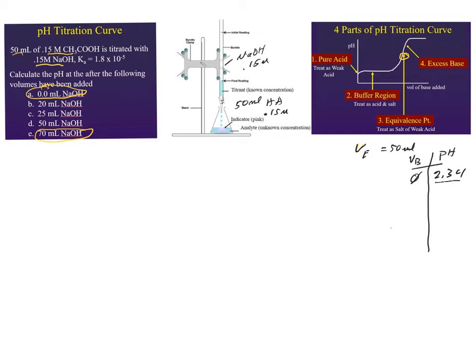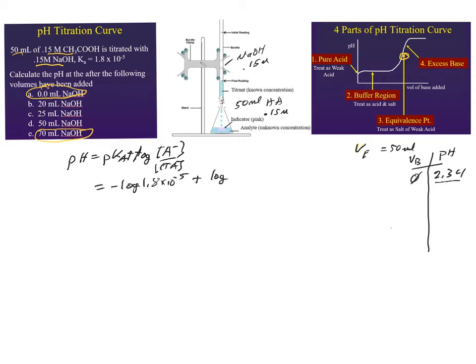Now we're at 20 mL, and 20 mL is less than the 50 at the equivalence point, so we're in the buffer region. And we know in the buffer we have pH equals pKa plus the log of the salt A minus over HA. And what we know here is it took 50 mL to neutralize all the acid, so we can use the ratio. This is equal to the pKa, which is minus the log of 1.8 times 10 to the minus 5, plus the log.